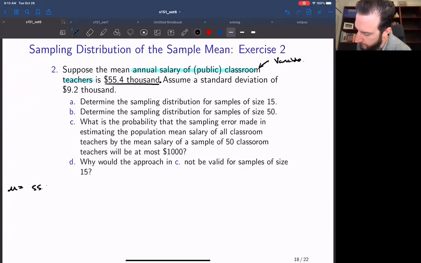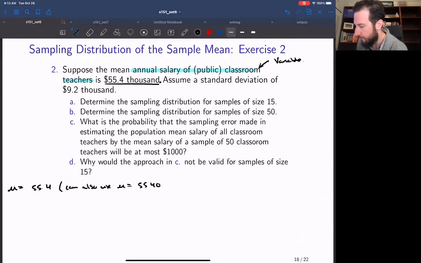So we can leave this as 55.4 for the question, since our standard deviation is on the same scale. You can also use 55,400. It doesn't matter which way you write it, as long as every value that you use is on the same scale.